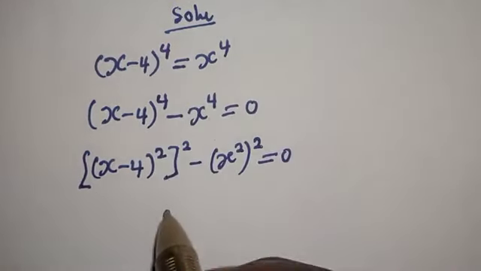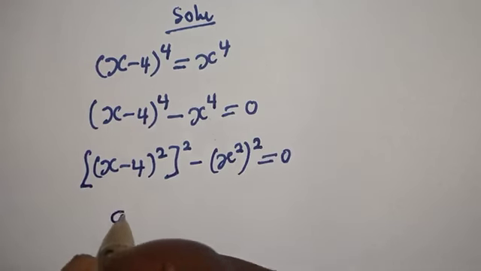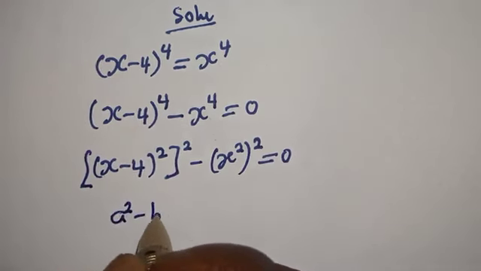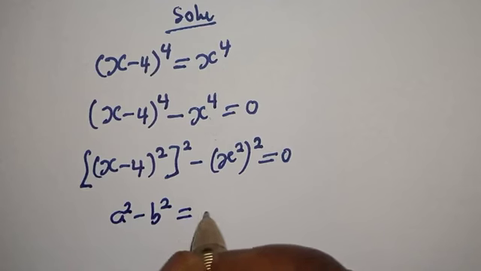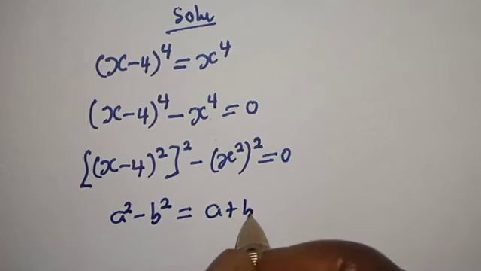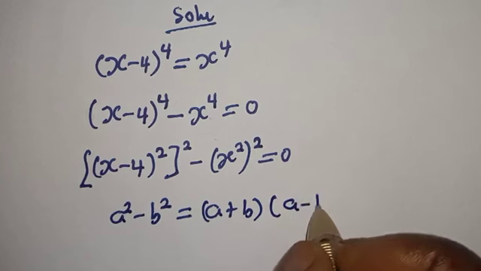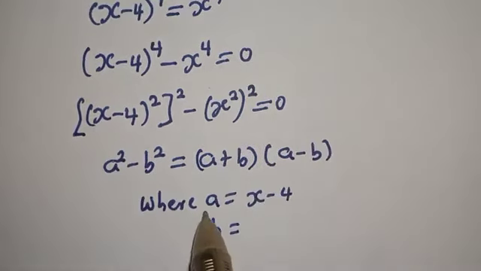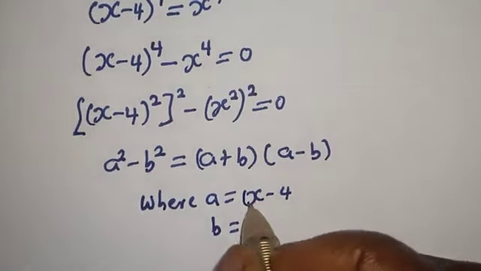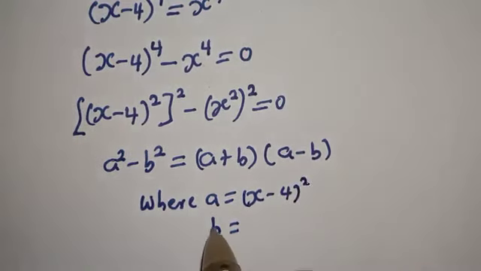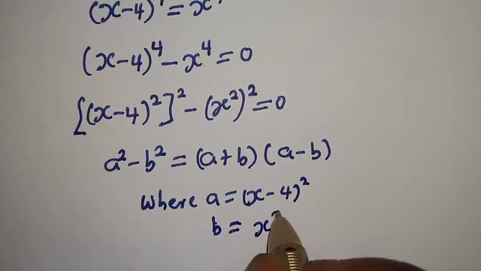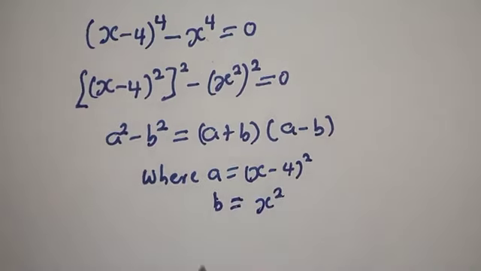This is in the form of a perfect square. If you have a^2 minus b^2, this is equal to (a plus b) multiplied by (a minus b), where a is equal to (s − 4)^2 and b is equal to s^2. Then let's substitute.